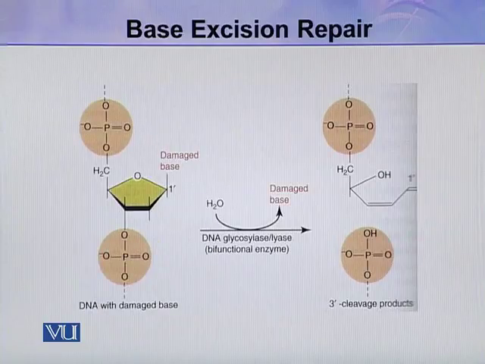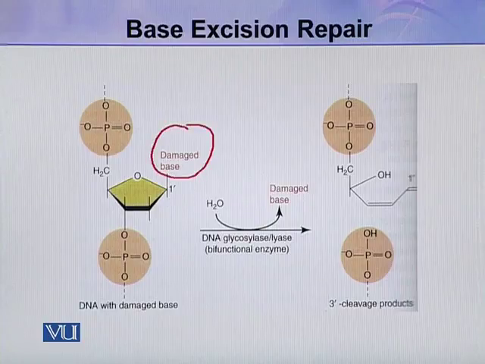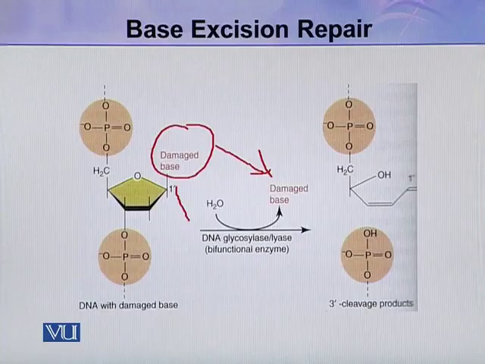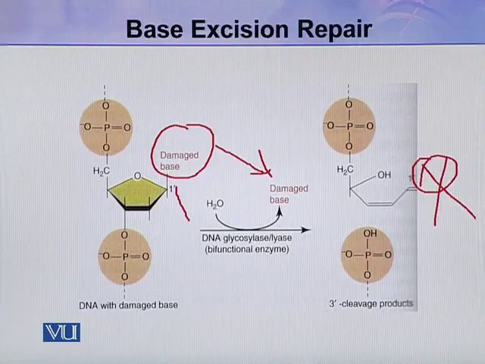This is the example of the reaction catalyzed by DNA glycosylase lyase activity. In this case again, this is the damaged base, and this base is directly removed after the cleavage of this glycosyl bond, and this DNA is produced with an abasic site. There is no base. Okay.